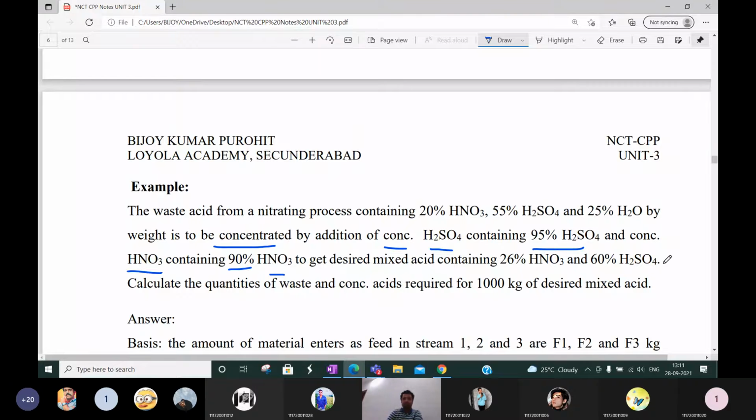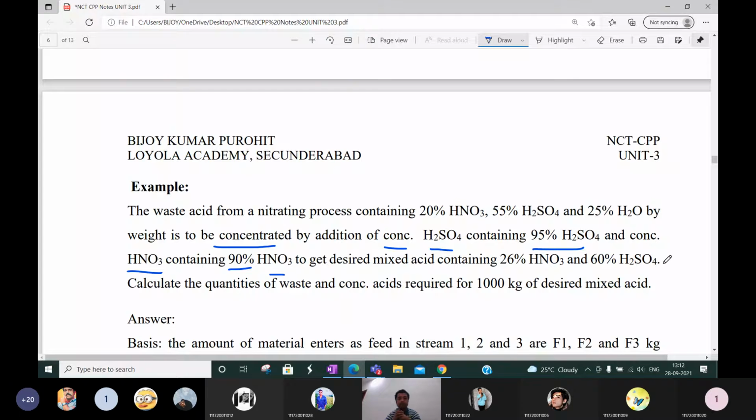Please read the question and try to understand. Read two times, three times, however many times you have to, and try to draw the diagram first. The waste acid from a nitrating process has 20% HNO3, 55% H2SO4 and 25% H2O. That is the composition by weight percentage.